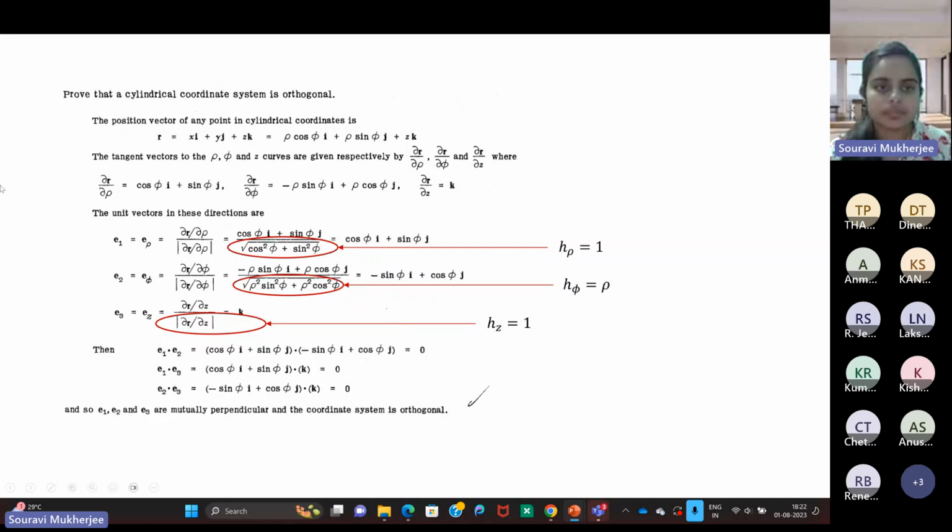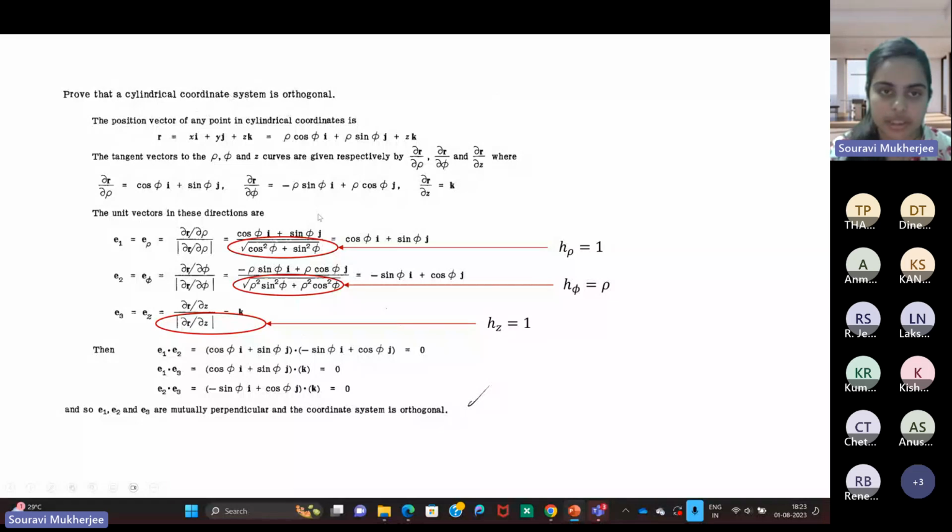So if you want to prove that your cylindrical coordinate system is orthogonal, what you do is find these dot products, something we just did in the previous slide. If you do a dot product of all these terms, you would see that all of them are 0.